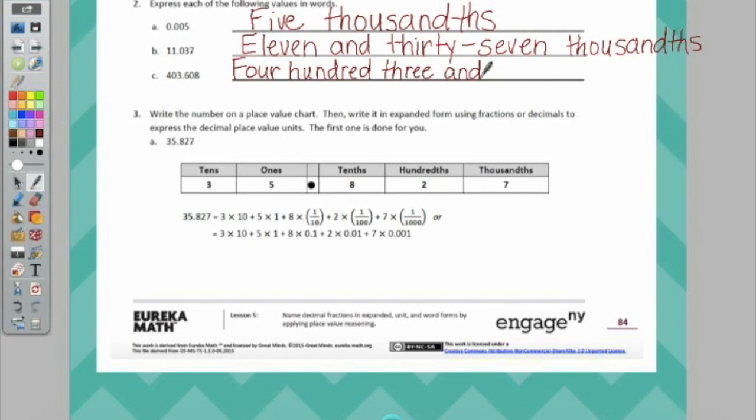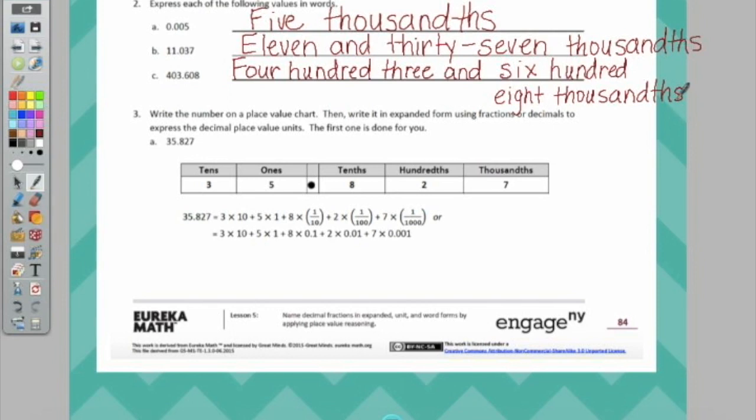Wrong, because that's unit form, and we're not doing unit form. 403 and, what did I say the rest of it was? 608 thousandths. Most of the time on a hard one like this, kids will switch over to unit form because they can't figure it out. Just remember that what you say when you say the number is what you write when you're doing word form.